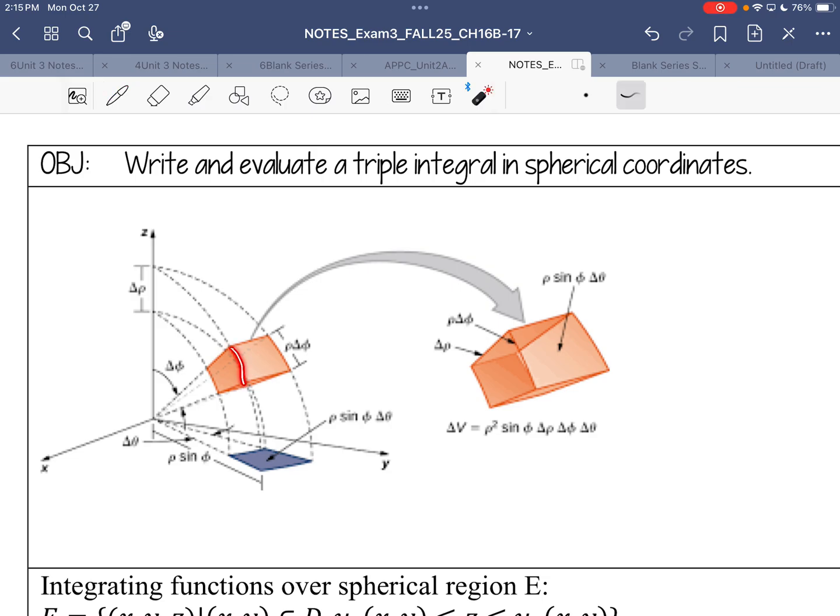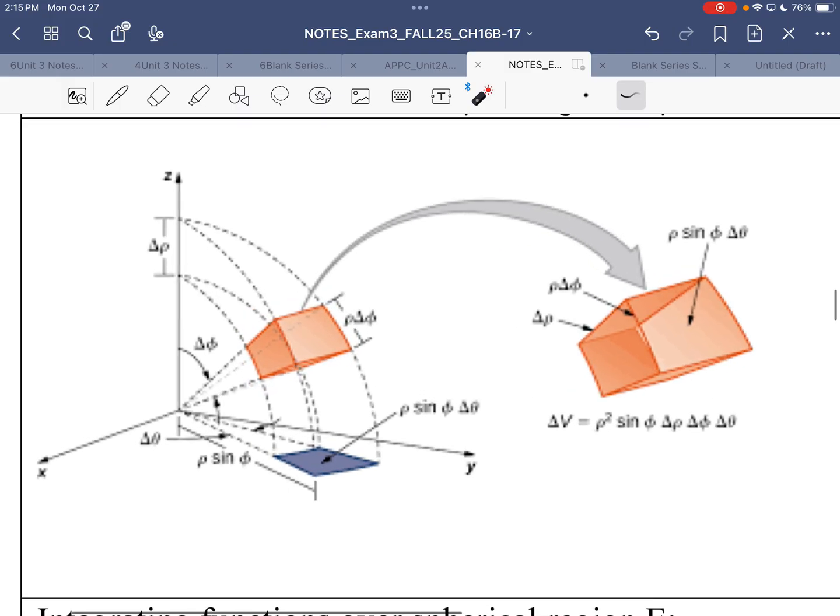So it's like, to steal Chloe's words, this wedge. See your shape? This little hunk of cheese here that we got going on.